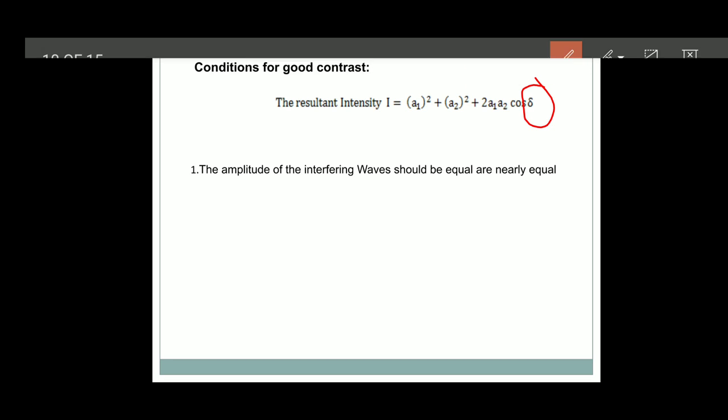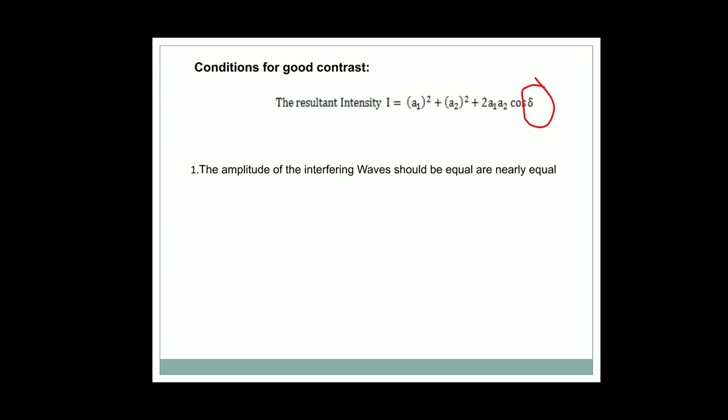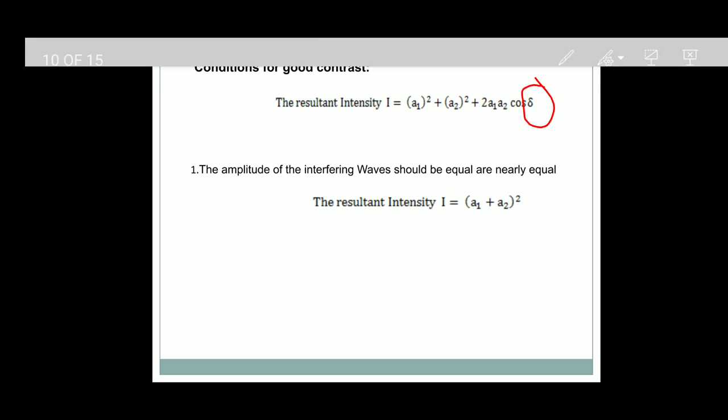We know if delta is equal to 0 or pi or 2 pi, then the intensity I is equal to (A1 plus or minus A2) whole square. So the first condition for good contrast is the amplitudes of the two waves must be equal.